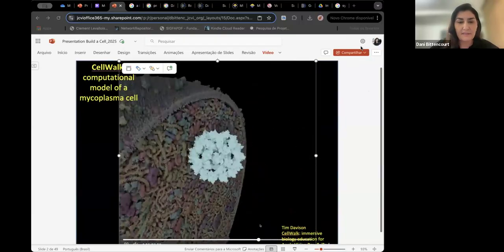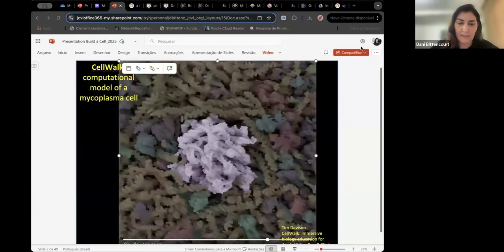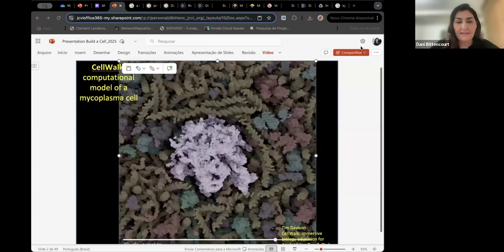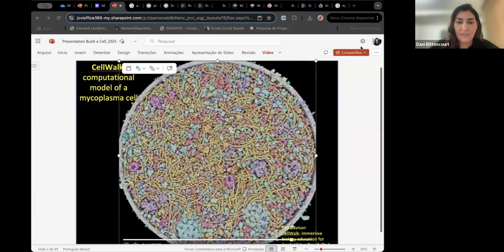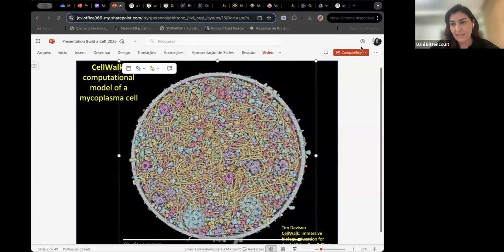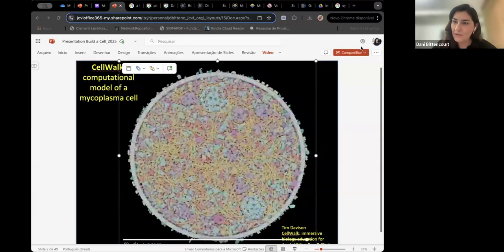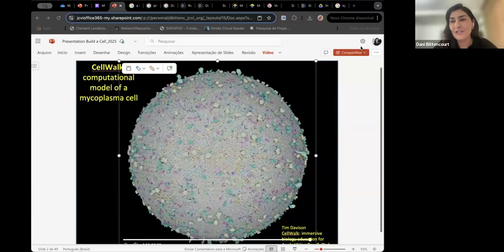The minimal cell was designed based on the genome of Mycoplasma mycoides. And actually this model is very similar to the minimal cell because it has a round shape, different from the original Mycoplasma genitalium, which doesn't have specifically this shape. So that's why it reminds us a lot of the minimal cell.